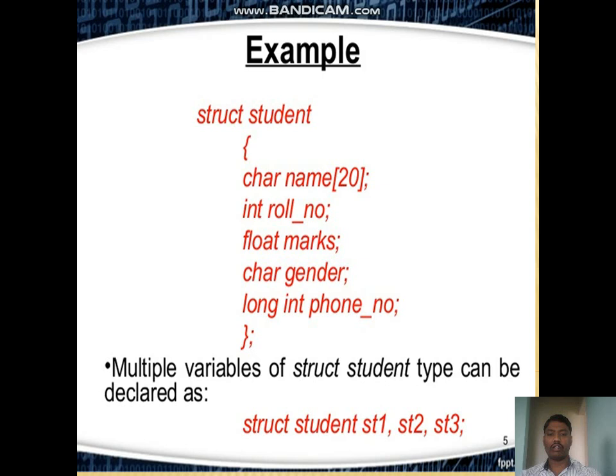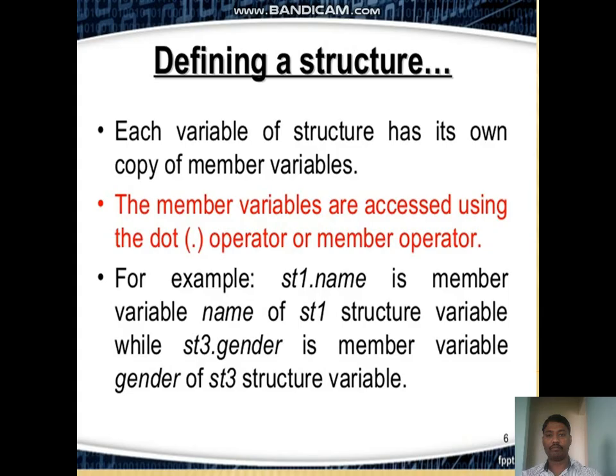Example: struct student { char name[20]; int roll_number; float mark; char gender; long int phone_number; }. Multiple variables of the struct student type can be declared as struct student st1, student1, student2, student3 like this.